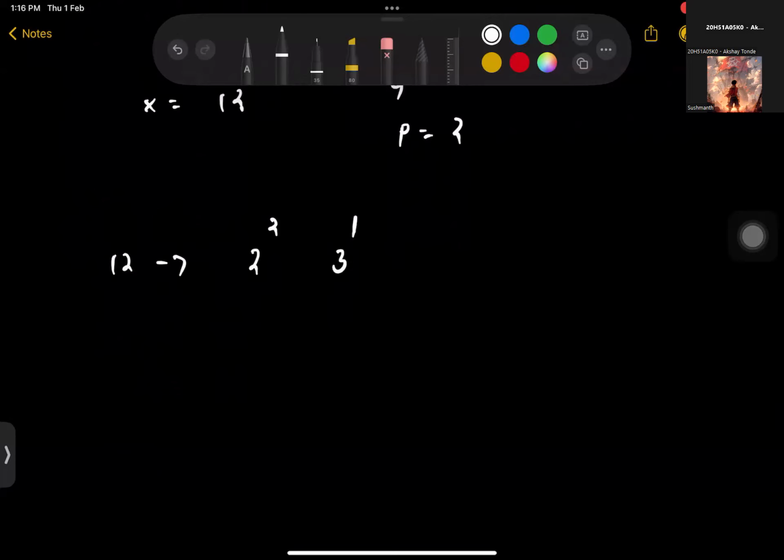For 2 power 2, the power value is 2 and the p value is 2, right? So this is divisible.